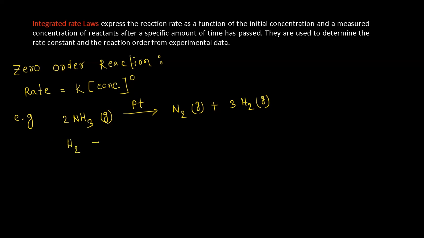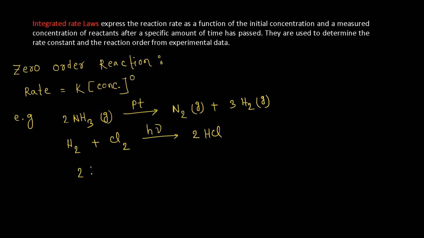Reaction between hydrogen and chlorine in the presence of light gives us HCl. It is a photochemical reaction.